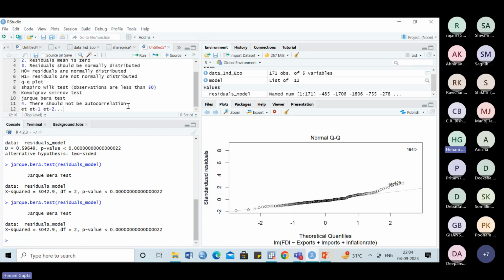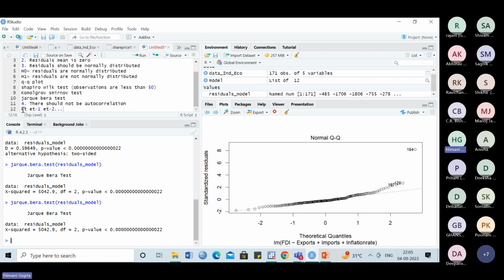If right now it's September, the September sale is impacted by the advertisement given in September. It's obvious, but it can also be impacted by the advertisement I gave in August. So advertisement is sitting in my error term.